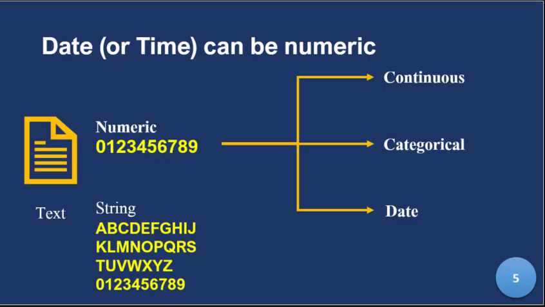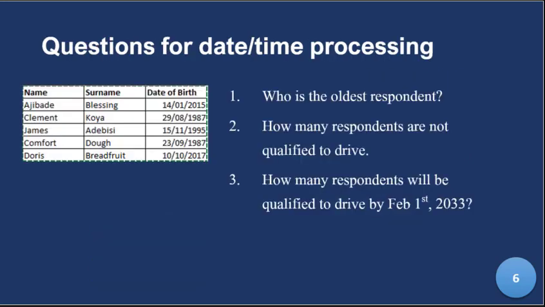Let's take a few questions based on a data set that I'm going to show. This is data of about 5 people. The first question: who is the oldest respondent? That may be easy to pick by just looking. The second: how many respondents are not qualified to drive? There are two things you need to check for consistency. Let's assume this data is for those who are qualified to drive.